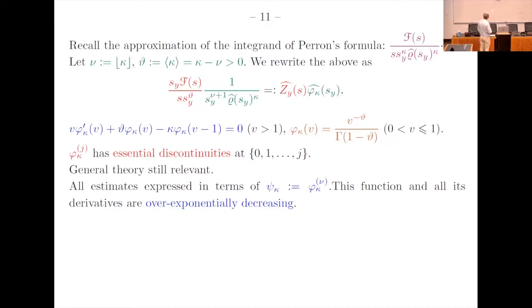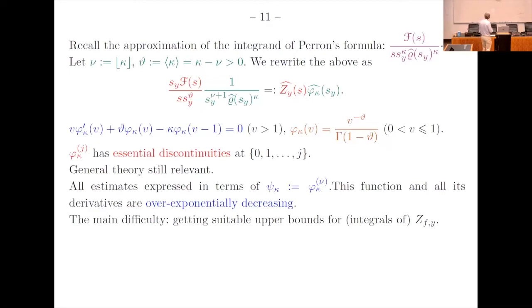So I can express the estimate using the derivative of phi kappa. We differentiate phi kappa nu times, and then the main difficulty is now to give a good estimate of the function which is defined by this Laplace transform.